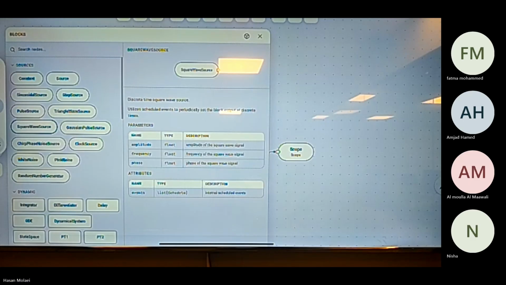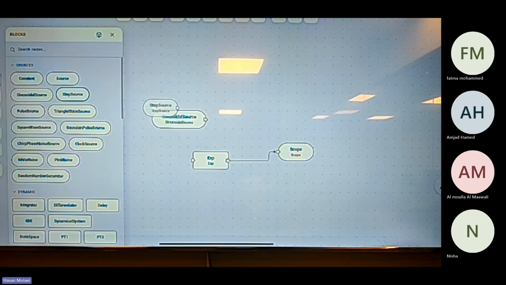Constant. If I use a constant, it's going to start from minus infinity, which means a unit step. Oh yeah, that's true. Step first.